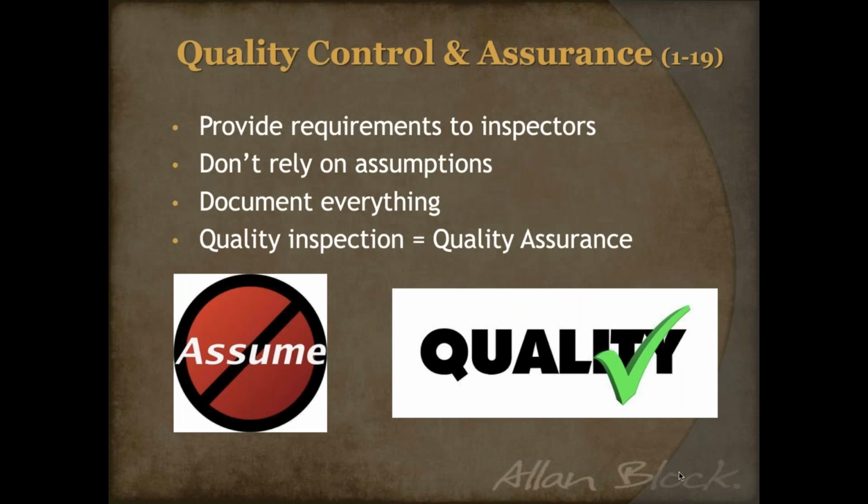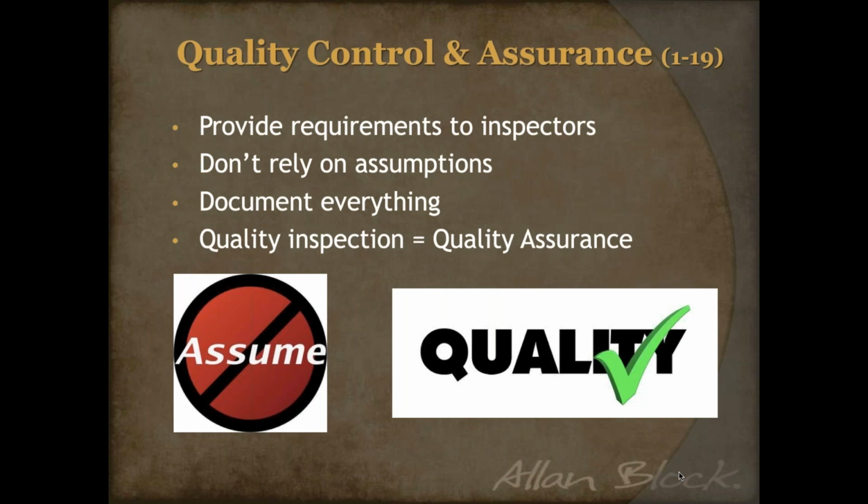Now, the last section here is section 19, where we talk about quality control and assurance. The biggest thing here is we want to provide detailed requirements for the testing and inspection firms to use to make sure that they have everything they need to evaluate the wall correctly. We don't want to assume that they know exactly what they should check for every wall.